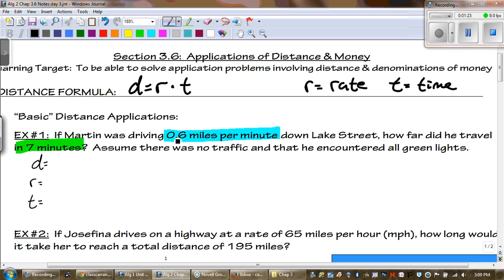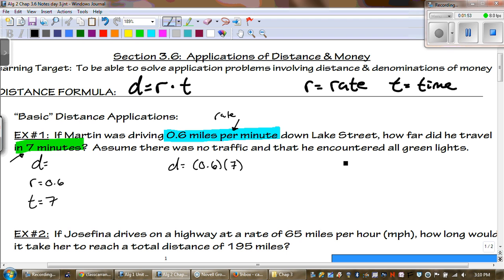Okay, the 0.6 miles per minute right here, this is telling me that this is the rate. So 0.6. Right here, minutes, that should be telling you that that's the time. So when we set this up, our distance equals our rate, which is 0.6, times our time.